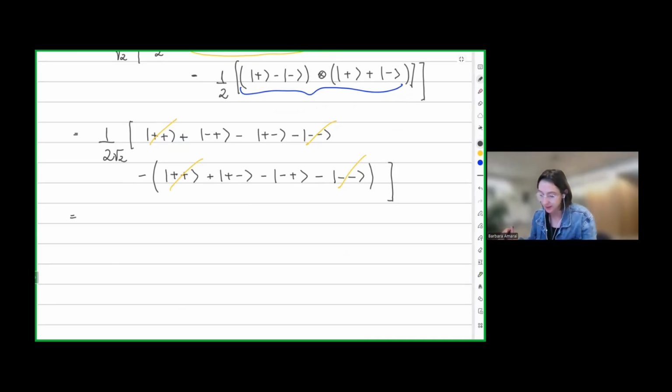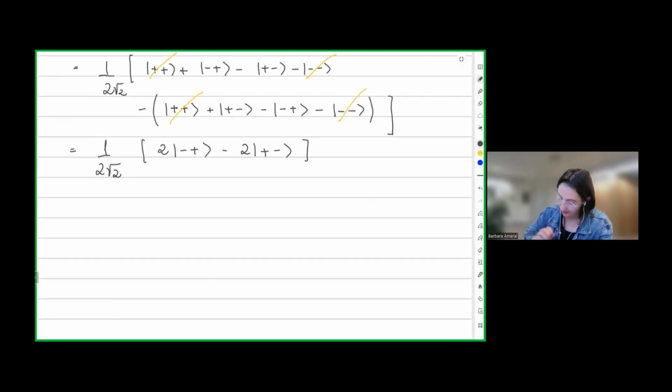So this is going to give me 1 over 2 square root of 2 times 2 minus, plus, plus 2 plus, minus, and canceling the 2's, this is going to give me minus plus minus, plus minus.